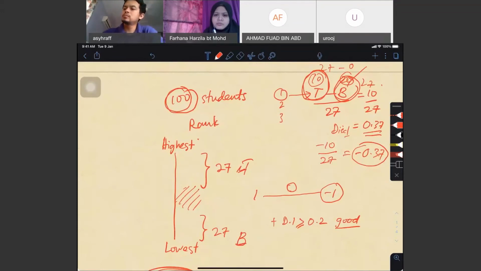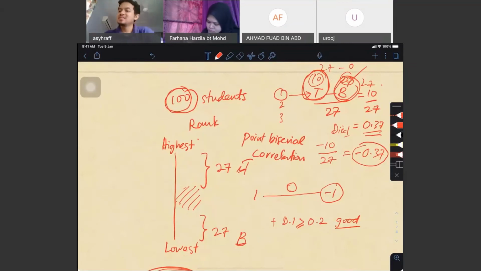Usually they're using the point biserial correlation, because computers are doing it nowadays. Usually the software puts in the printout PBIS, point biserial correlation.